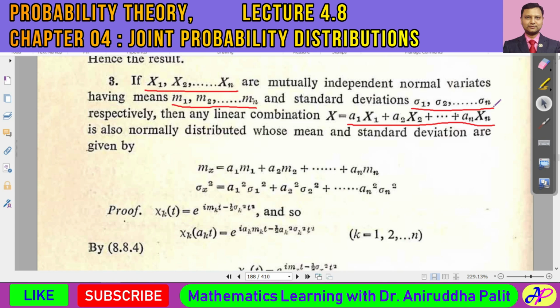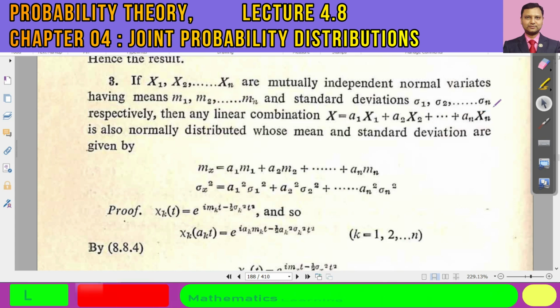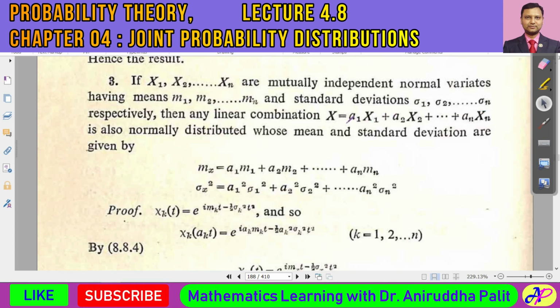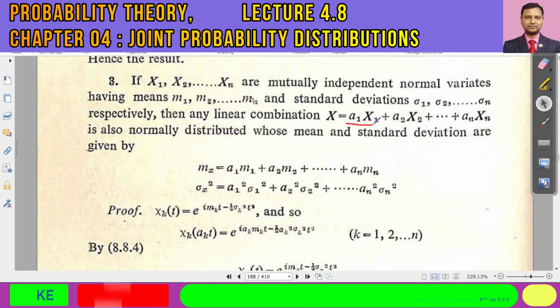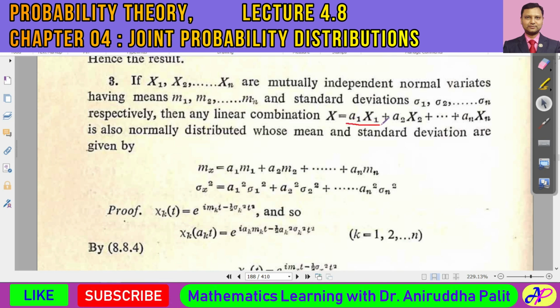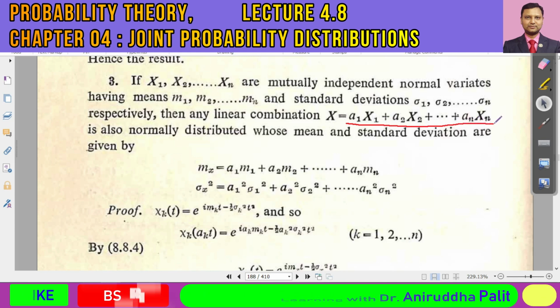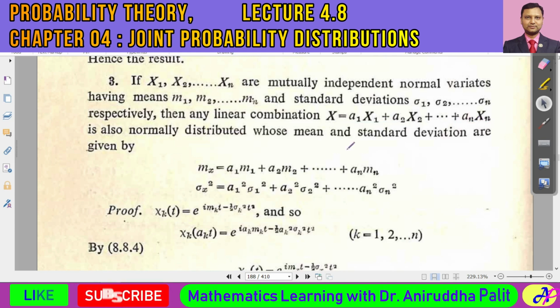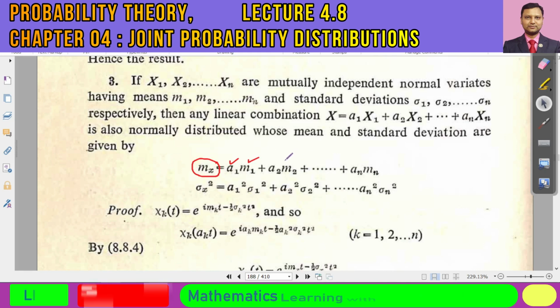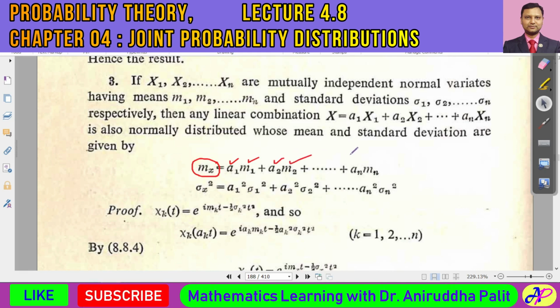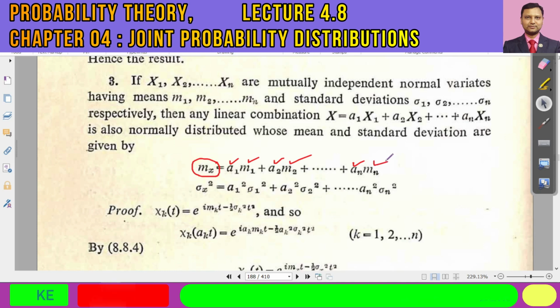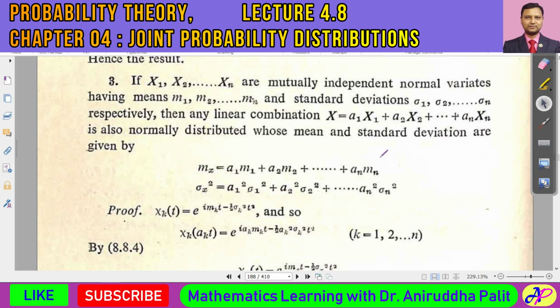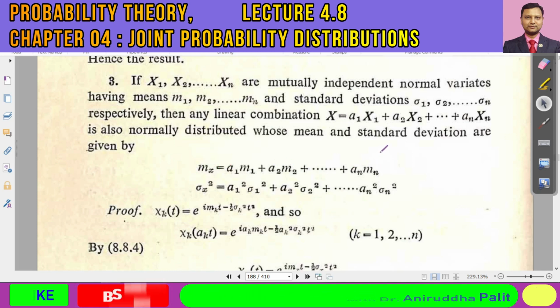These are the parameters of the normal variates, and we consider a variate x equal to a1 x1 plus a2 x2 plus dot dot dot plus an xn. Over here, the mean mx is equal to the linear combination a1 into m1 plus a2 into m2 dot dot dot plus an into mn.